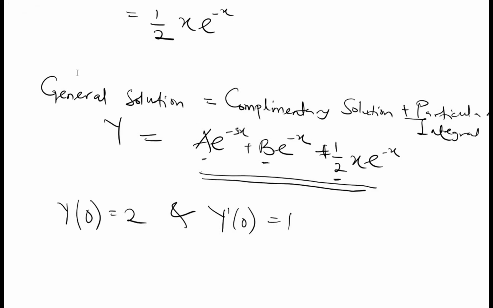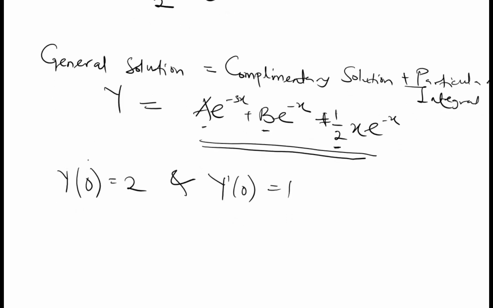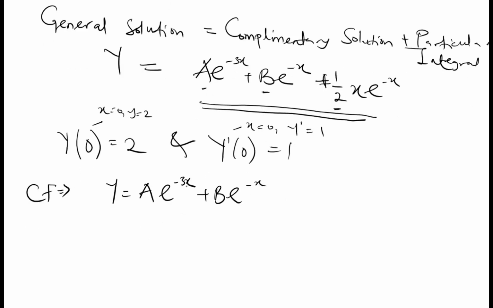So recall my complementary function, that's the part with the a and b. I have gotten y is equal to a exponential minus 3x, and plus b exponential minus x. This is y. Replace x by 0 here and y by 2.